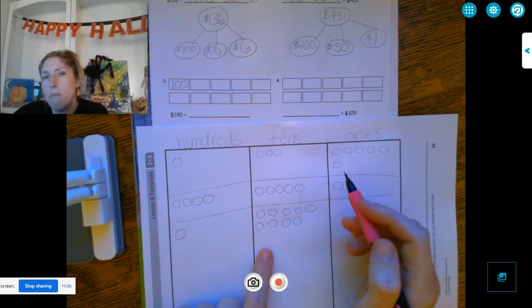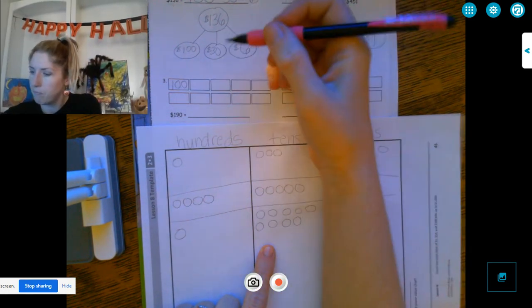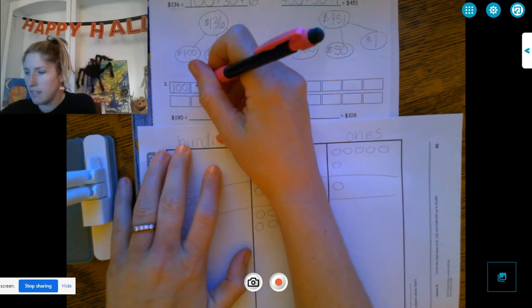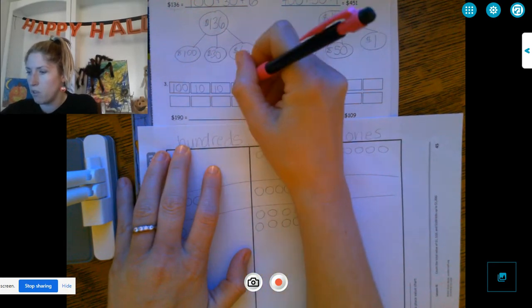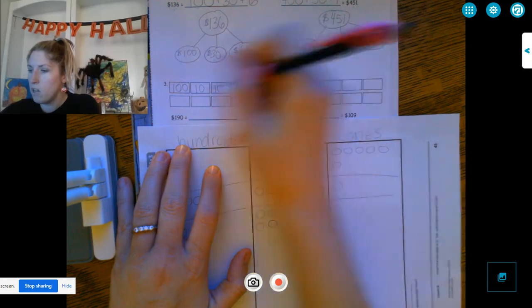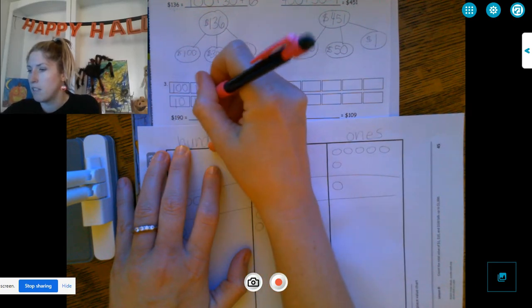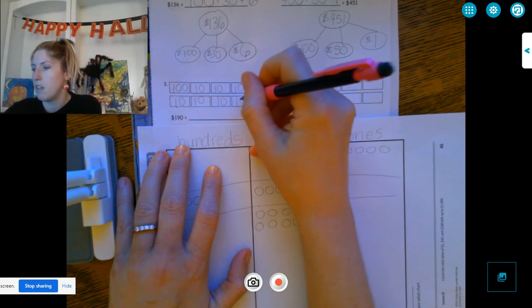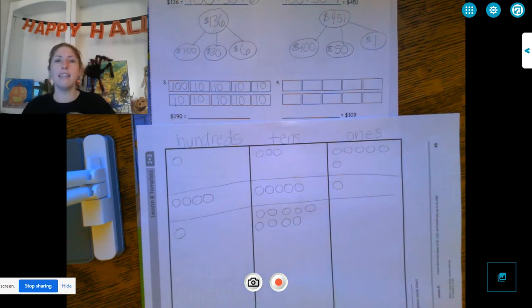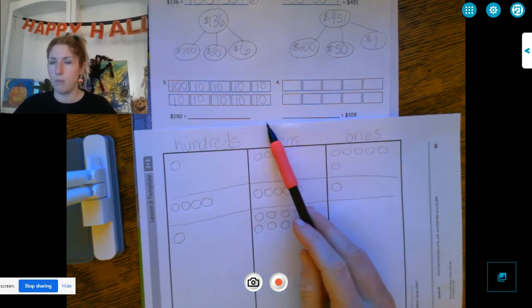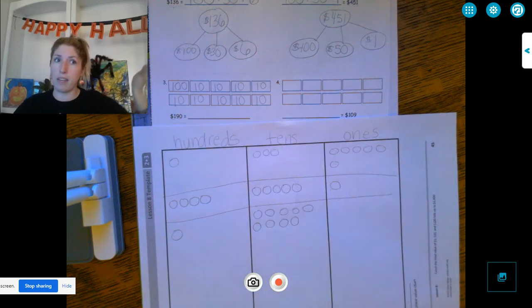And how many $10 bills do we need? 9 tens, 1, 2, 3, 4, 5, 6, 7, 8, 9 $10 bills. And how many ones? Well, we ran out of space, so good thing we don't need any ones. No $1 bills.